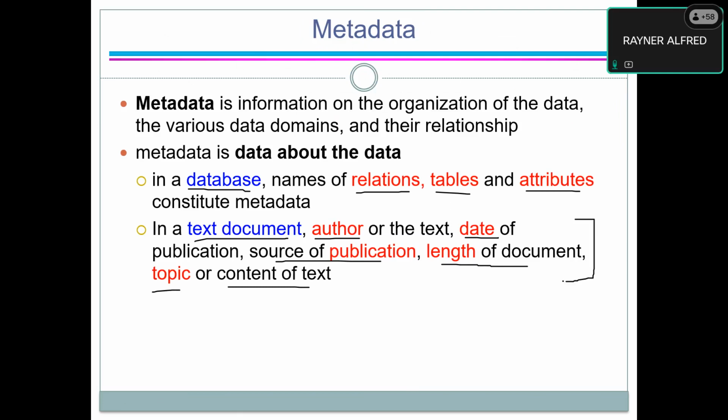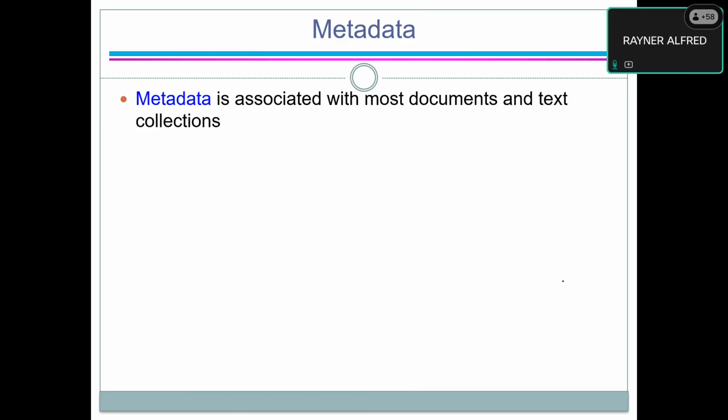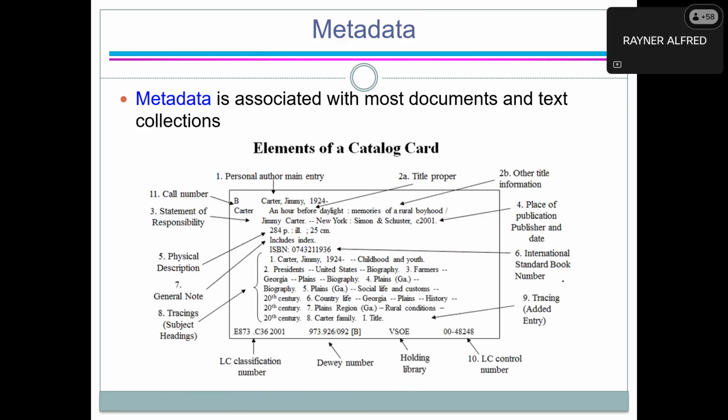How do we know how to extract this? So we need to know the format of your document. So in most cases, we have this catalog card. So metadata is associated with most documents and text collections. For example, over here, we have the place of publication.